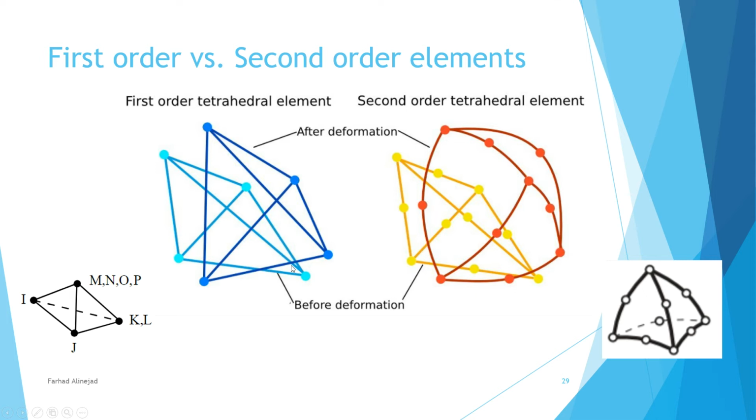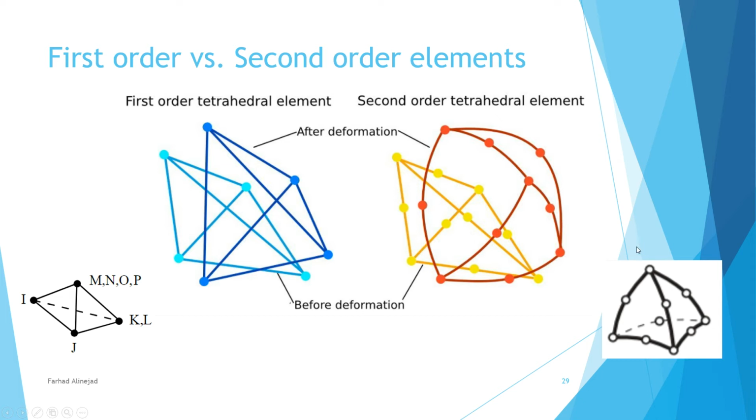Before deformation, this is what is called, I can say, light blue. The node after deformation is displaced to this point, and this node to this point, and this node here, and this node here. So after deformation, you have this shape of the element.